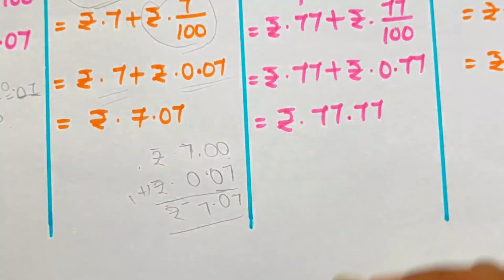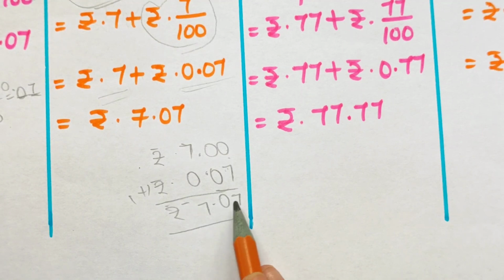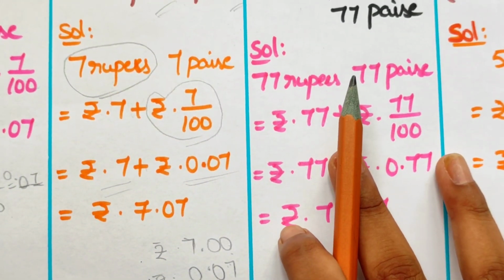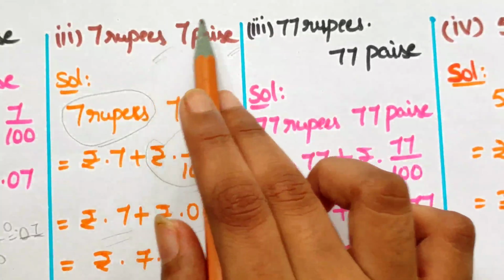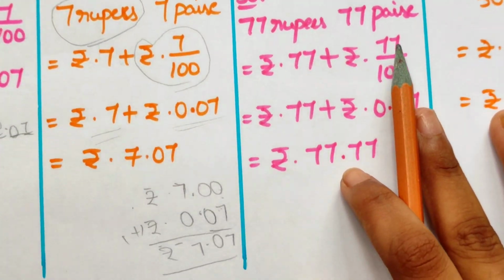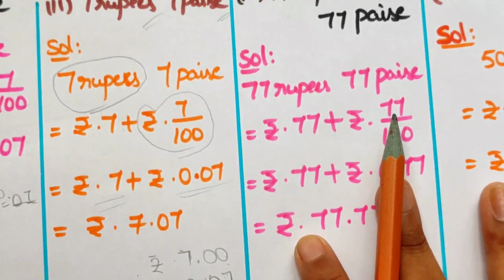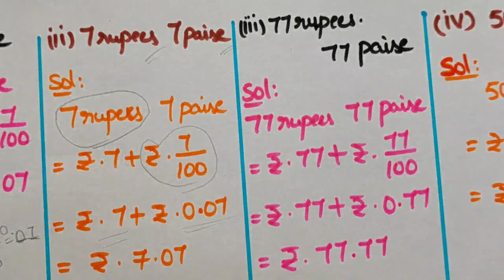So here it is rupees 7.07. Therefore the answer for this question, 7 rupees 7 paise expressed in decimal form, is rupees 7.07. With this the second bit gets completed.